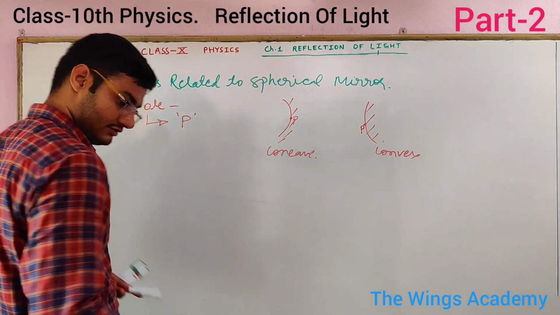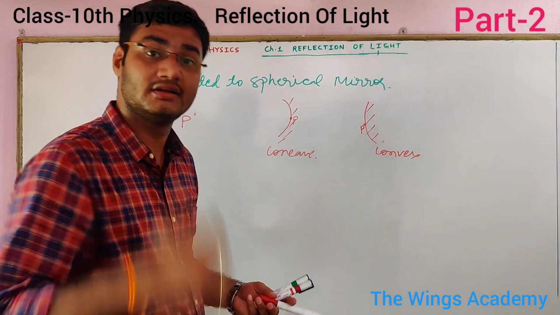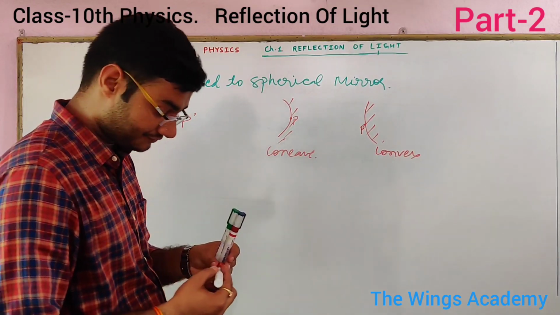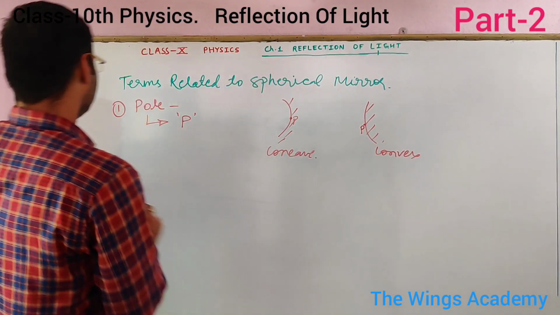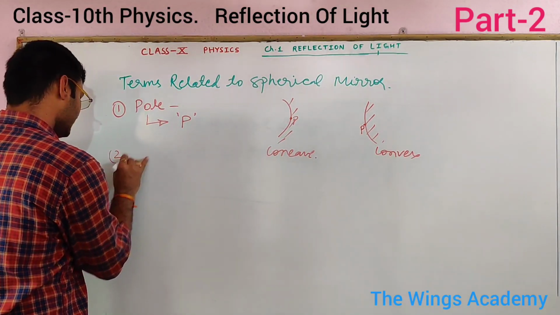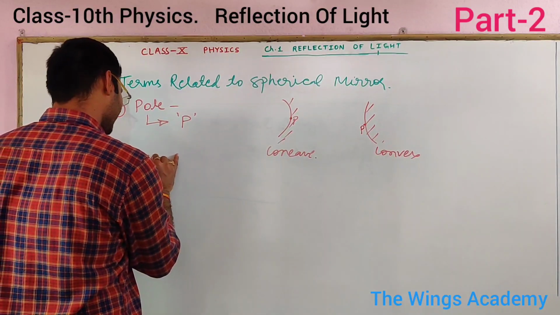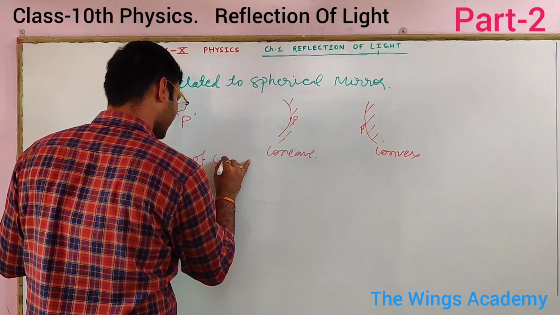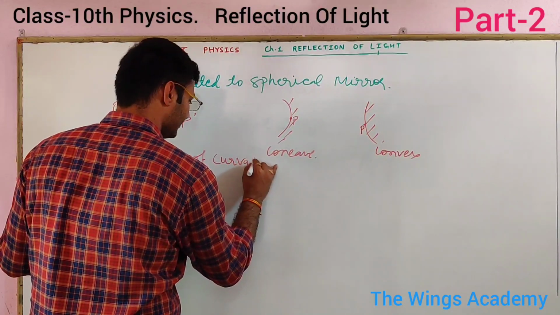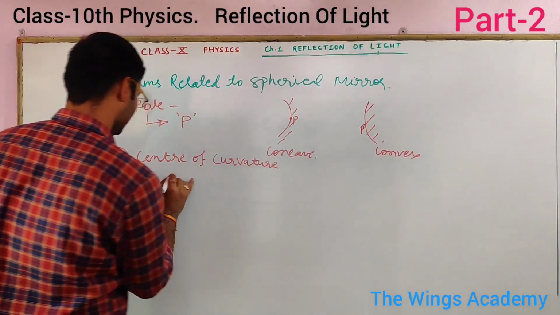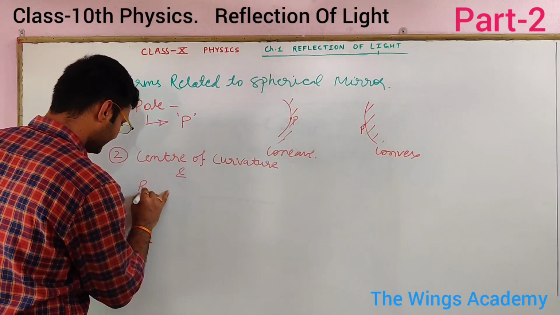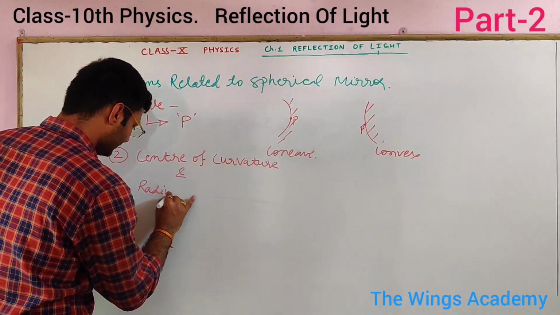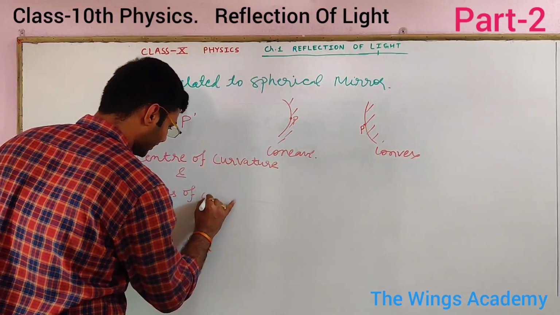The second term is center of curvature and radius of curvature.